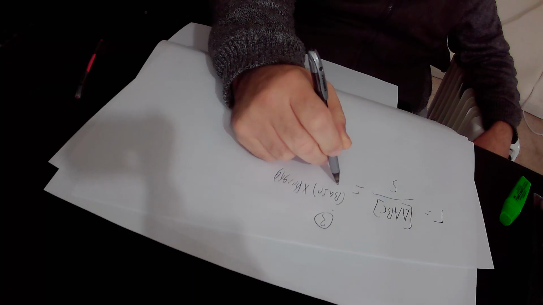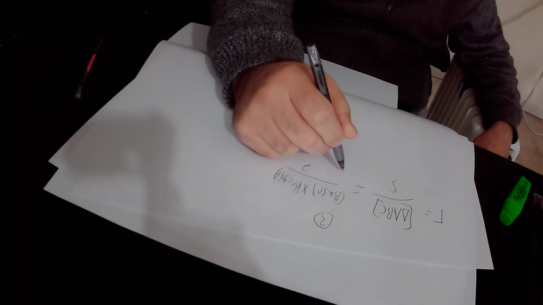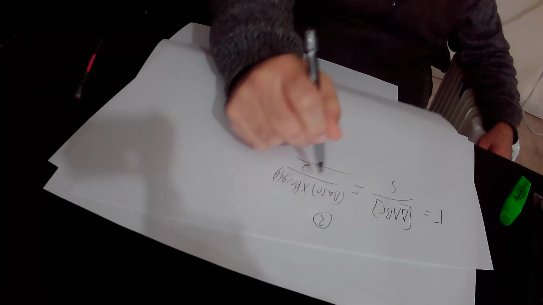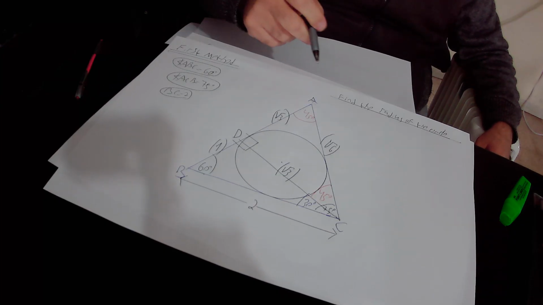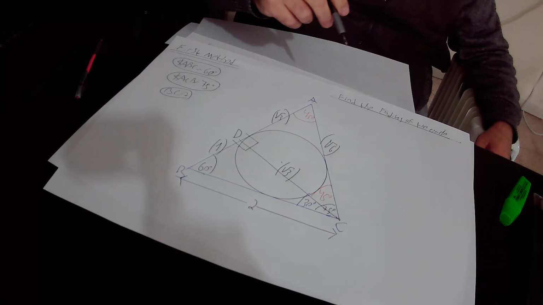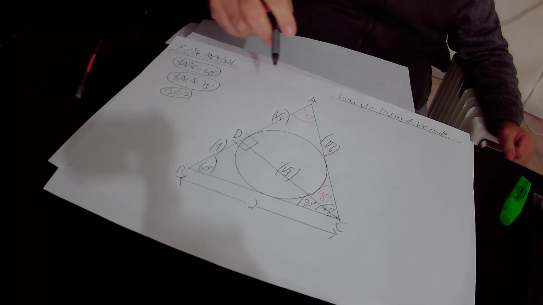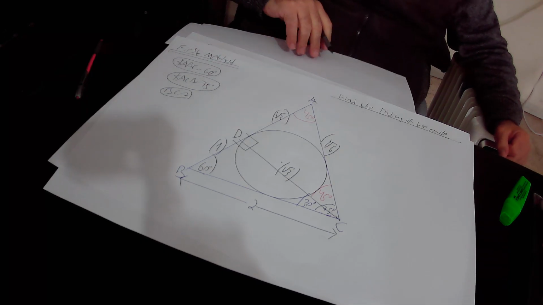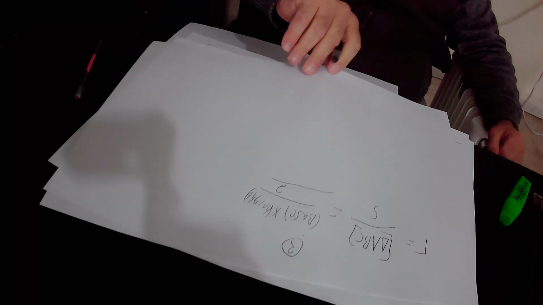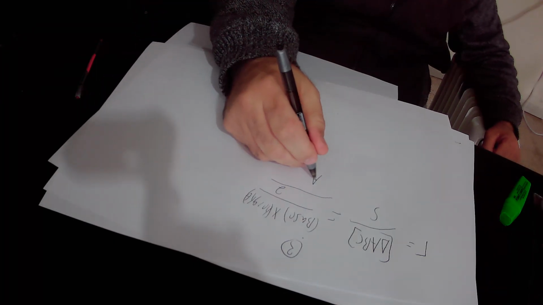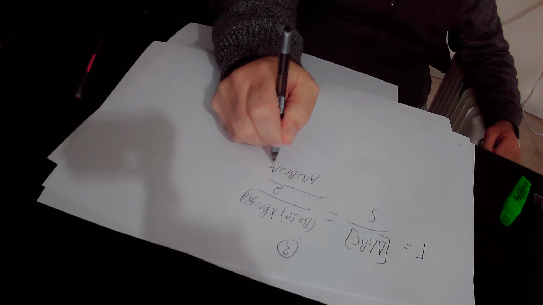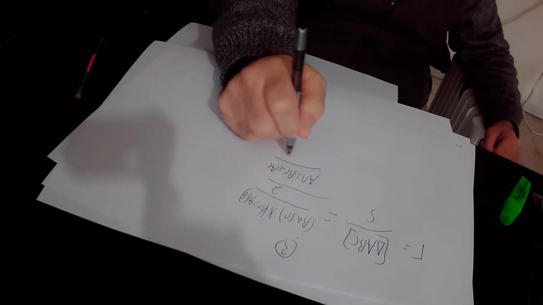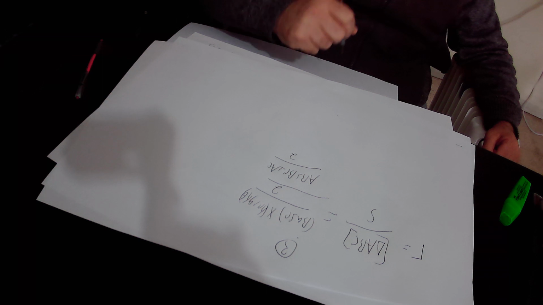The base times the height over 2 is the area of triangle ABC, divided by the semi-perimeter of this triangle ABC. The semi-perimeter is the perimeter over 2. The perimeter is AB plus BC plus AC. If we divide it by 2, we'll get the semi-perimeter.